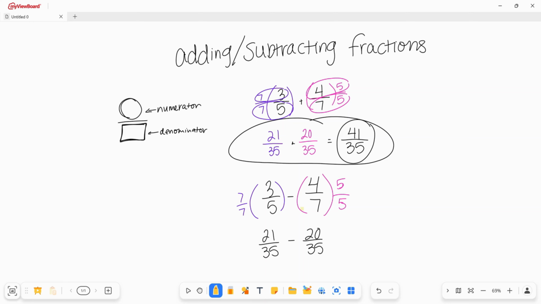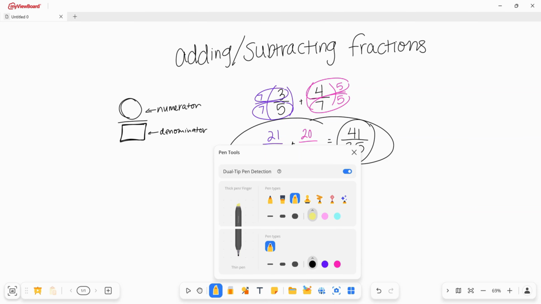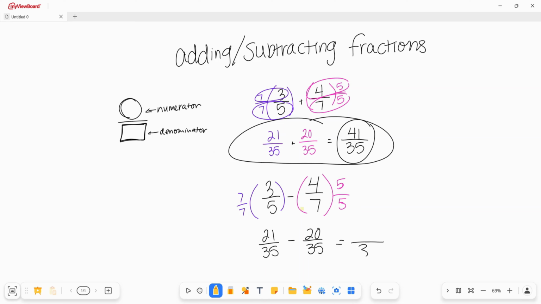The only difference here is going to be the subtraction in the middle. My denominator still stays the same at 35, but this time I'm going to do 21 minus 20, which is just 1.